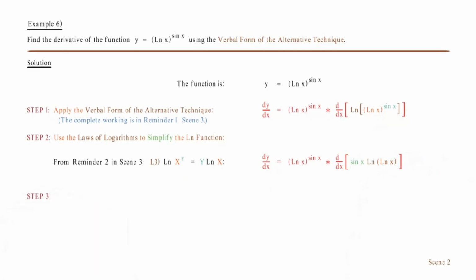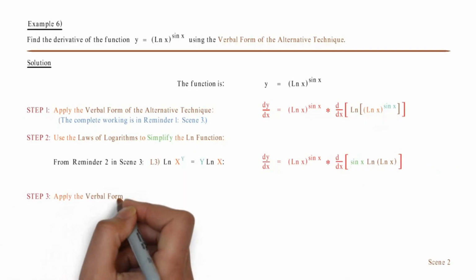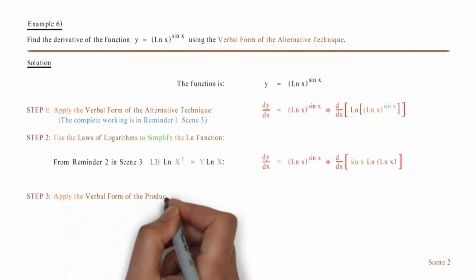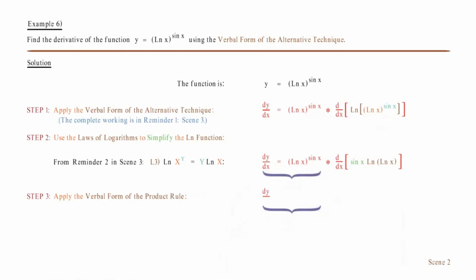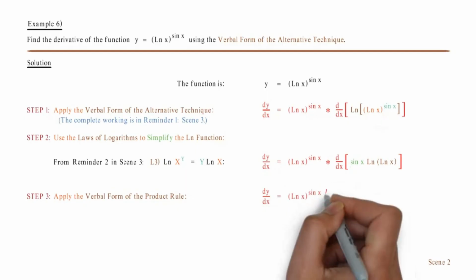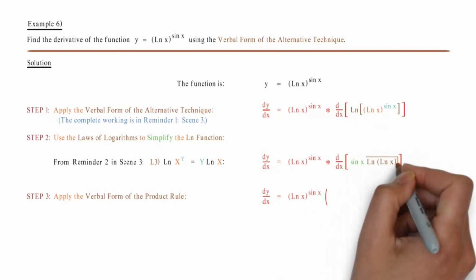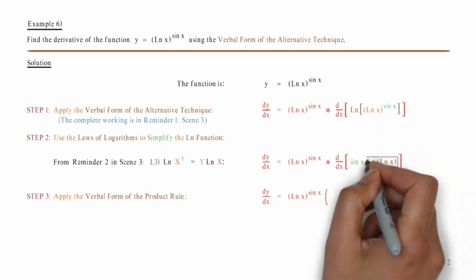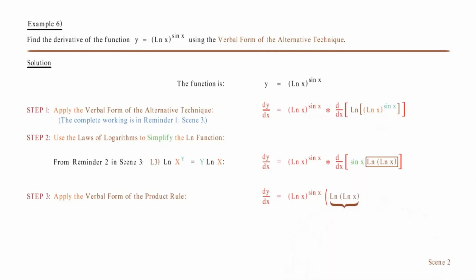Step 3. Apply the verbal form of the product rule. Bring down. The second function is ln of x, so substitute. Times is times.